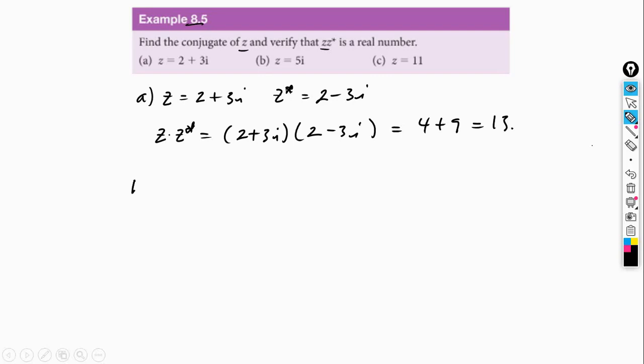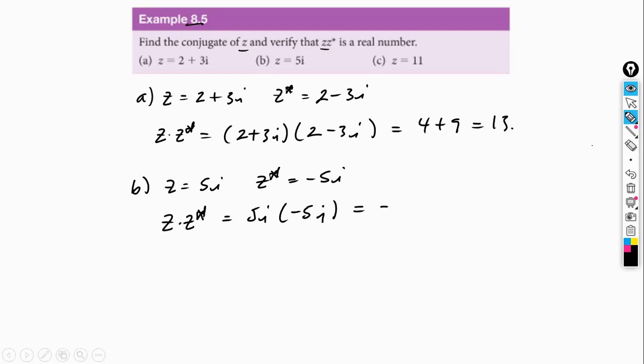For b, we have that z is equal to 5i. So its conjugate is going to be minus 5i. So z times its conjugate is going to be 5i times minus 5i, and this is going to be minus 25i squared, which equals 25.